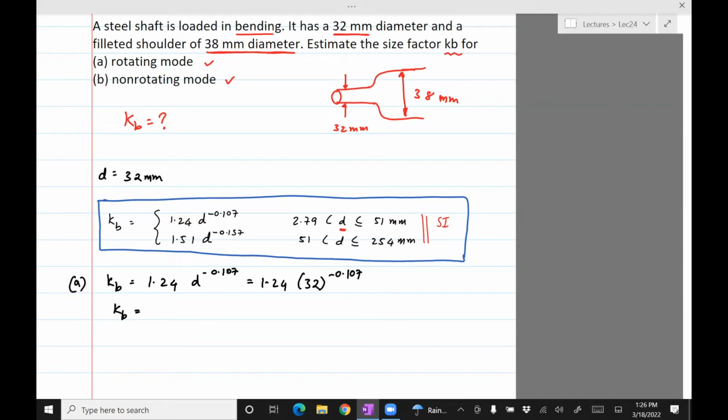They don't change the dimensions because, remember, it's SE equals K times SE prime. So units of SE and SE prime are the same. So K has to be non-dimensional. That is 0.86. 0.858.